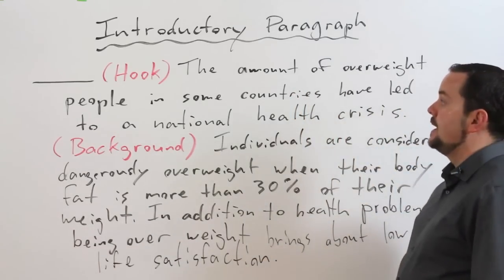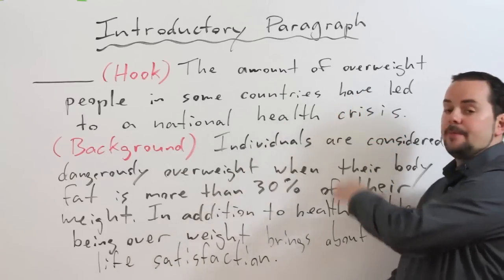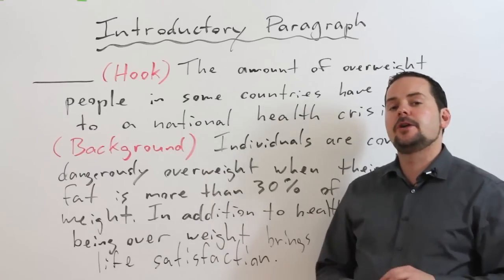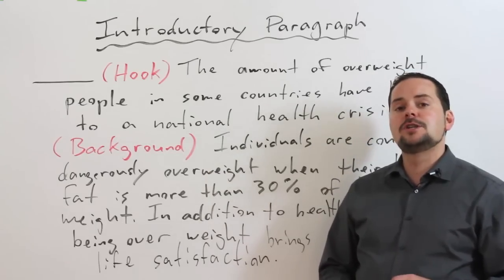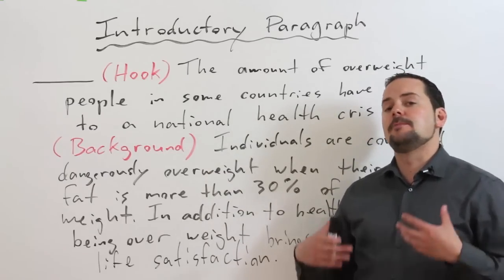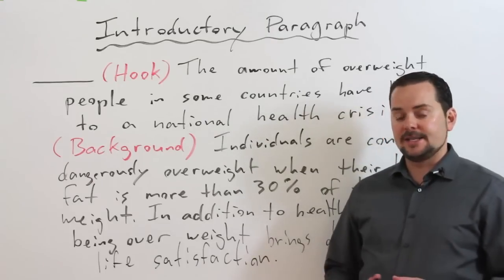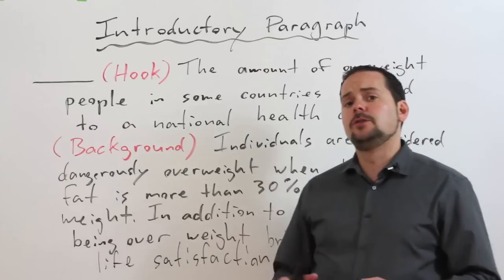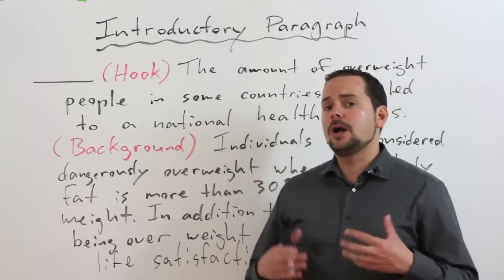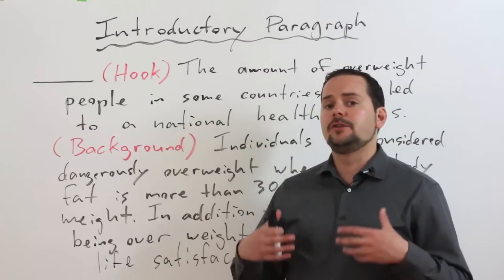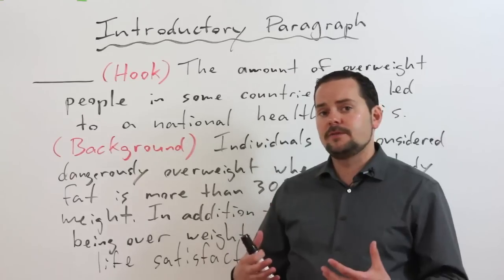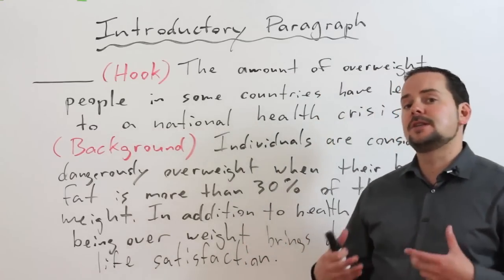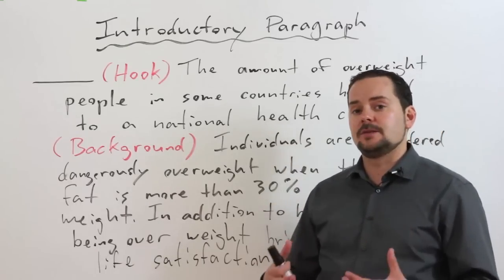Okay, so now we have the hook, the background, and then the final piece of our introductory paragraph is our thesis. And of course, that is the single most important piece of your essay. It's the statement that's going to tell your reader exactly what kind of idea or argument you're going to make, what your main points are, and that will tell the reader exactly what you're going to be discussing in the body paragraphs and in the rest of this essay.